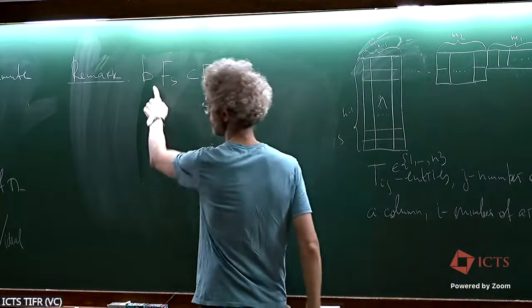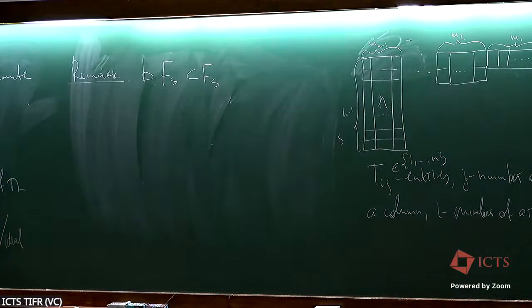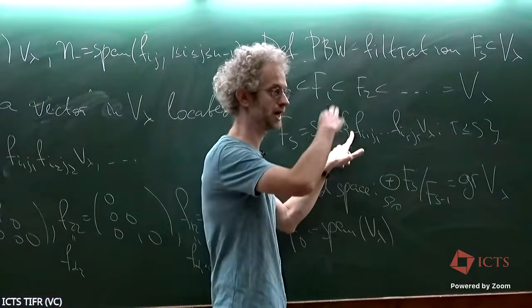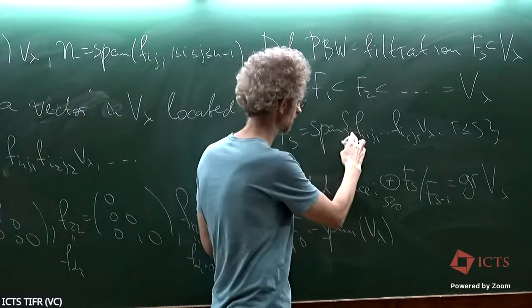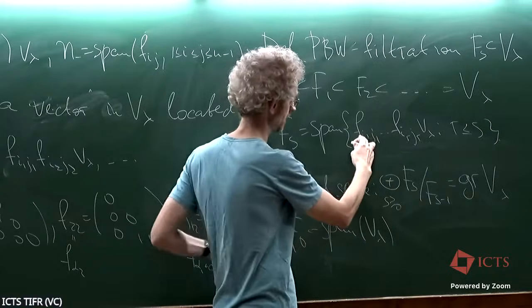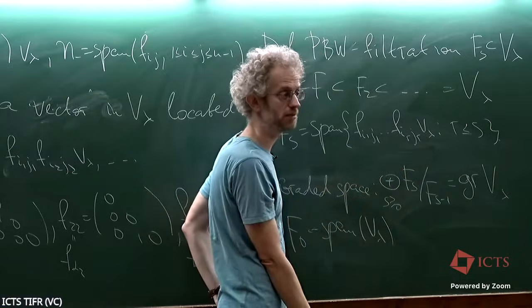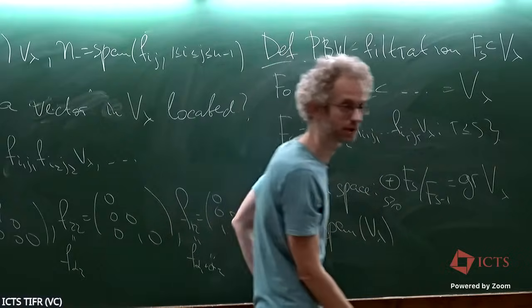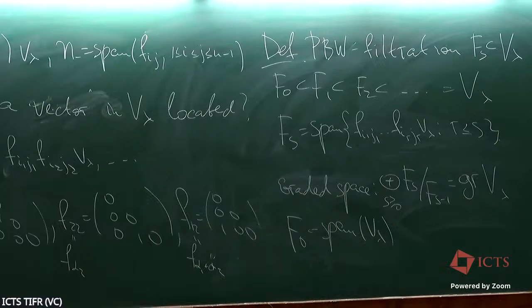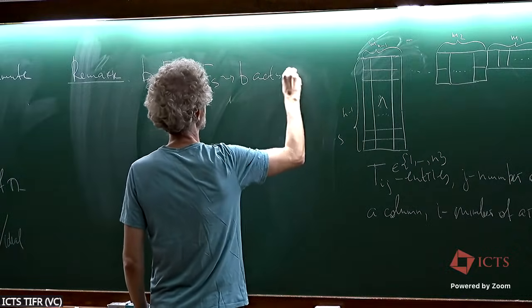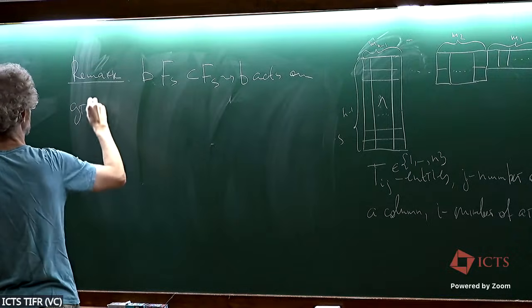The claim says that if you take a product of this form, and then you apply an element from the upper triangular part, you can move it to the right using the commutation relations. Then the Borel part either kills or stabilizes V lambda, and on the way you're getting something, but never longer than S. Therefore, this remark implies that B acts on V lambda.